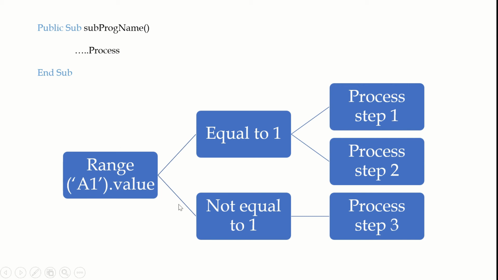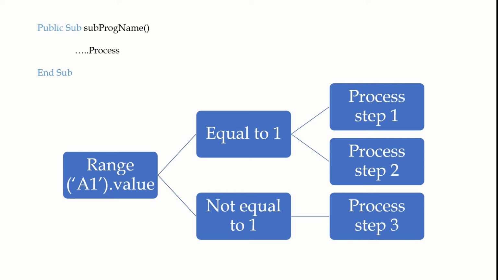But if by any case the range value is not equal to 1, then we have to do a separate process step, which is process step number 3 in this example. So how would you go about implementing this, and how would you go about coding this?